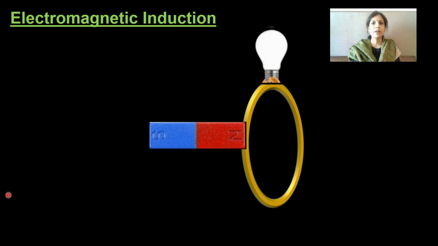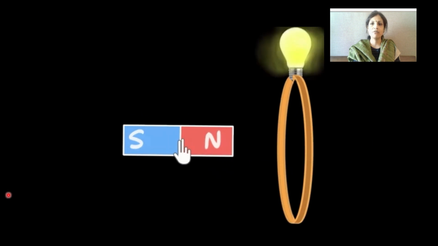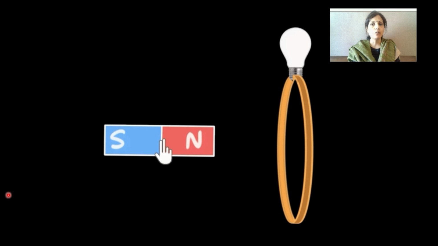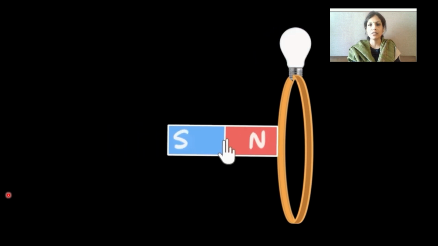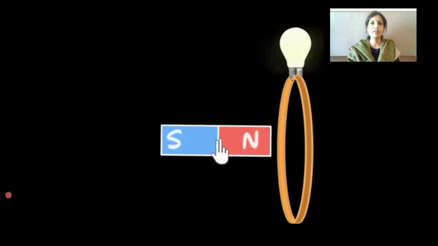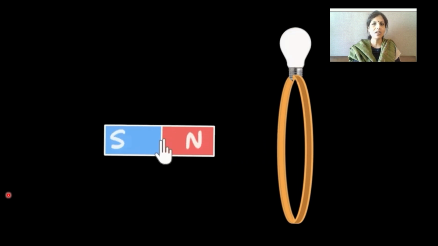I think our experiment is going correct. Every time I am taking the magnet backward and bringing it forward, there is a flash seen in the bulb. Can you observe that? So we are moving the magnet backward and front, and we can observe that the bulb which is attached to the conducting wire is flashing. That means our experiment is working.